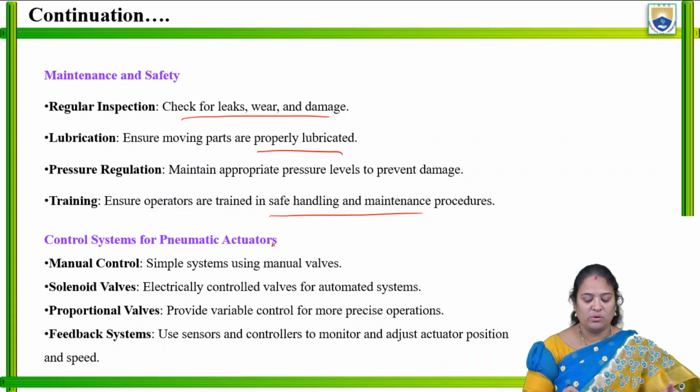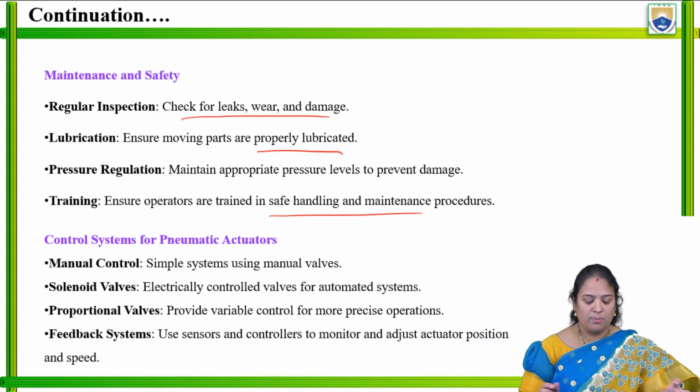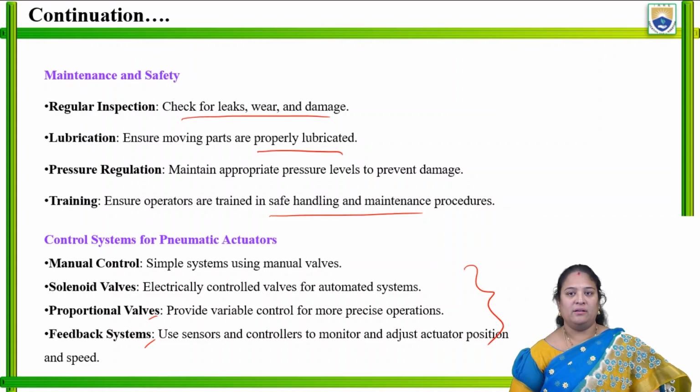Next, coming to the control system for the pneumatic actuator. What are the different control systems? We have four different types of control systems for this pneumatic actuator: manual control, solenoid valve control, proportional valves and feedback system. Depending upon these control systems, robot operation will be done when we are using a pneumatic actuator.